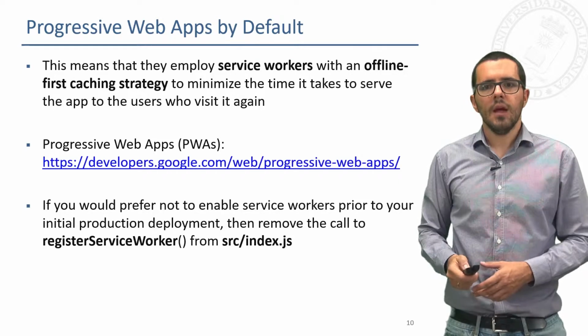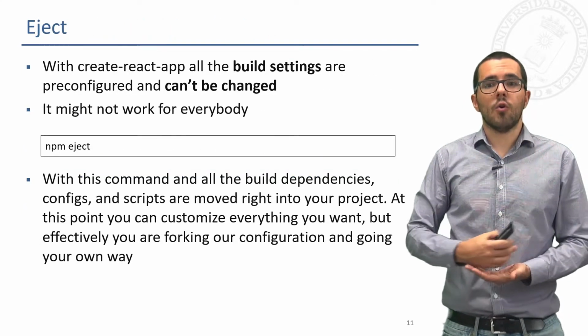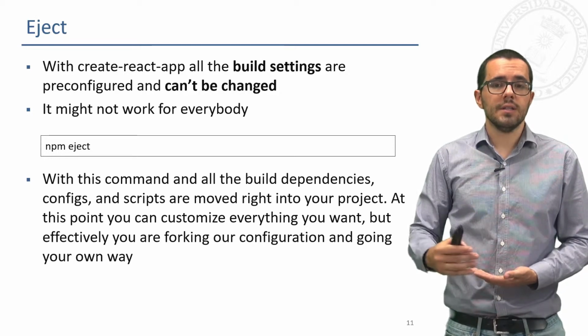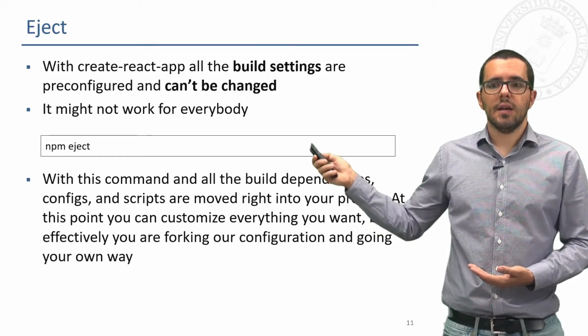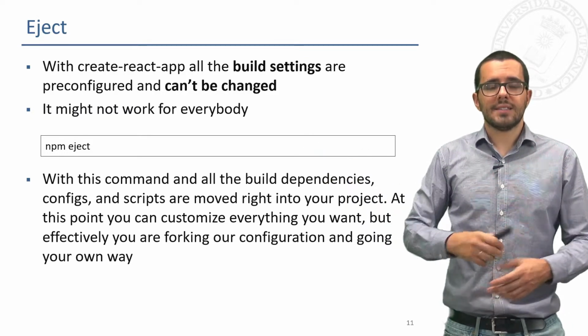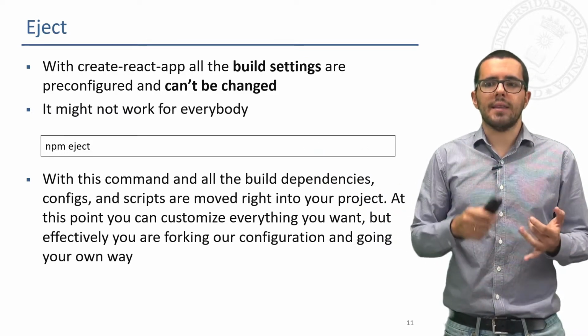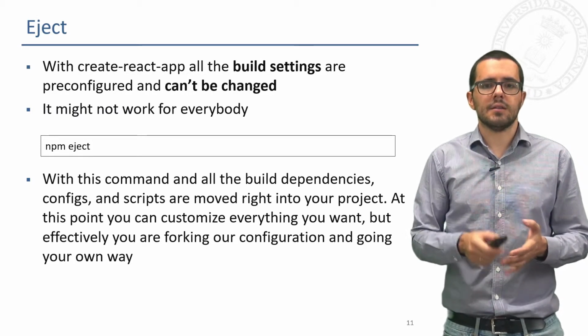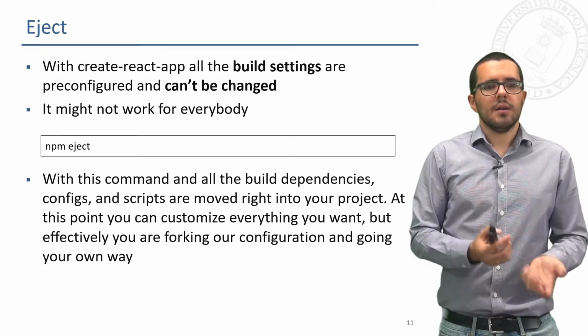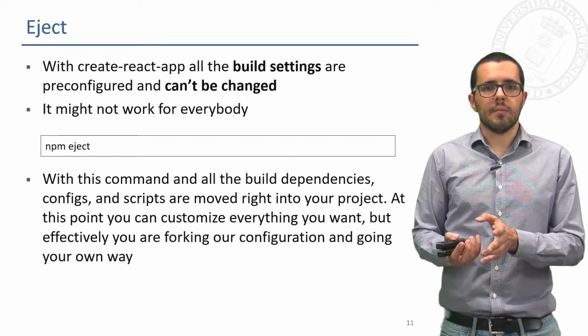And finally, if this default configuration does not fit your needs, you can eject. What is this? It's this final command, npm run eject, that you can use to extract all the configuration, the Babel, the Webpack, the Jest, the ESLint, all the configuration that I told you, to files, and you can modify them.